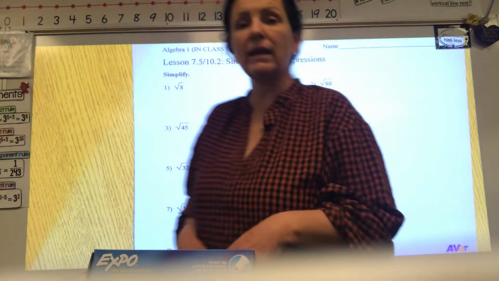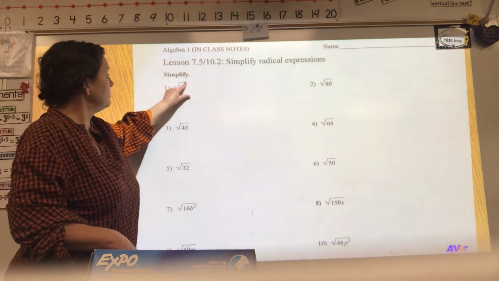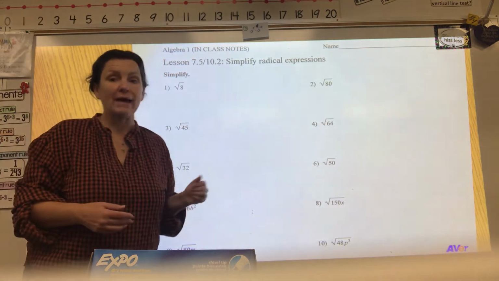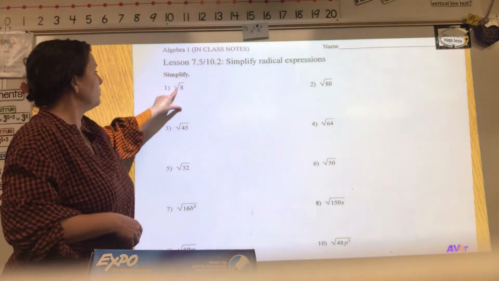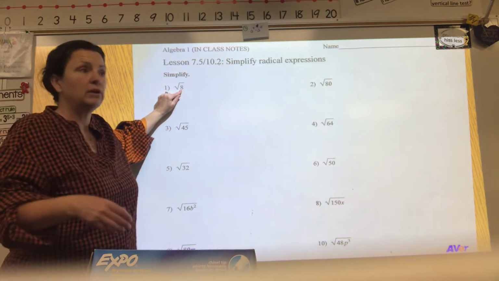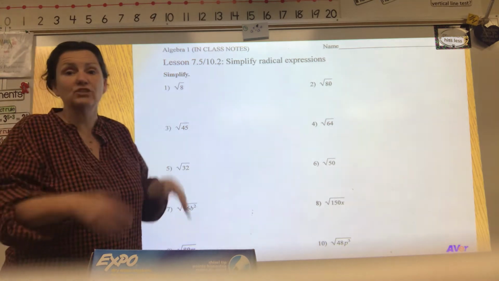So what you're looking at is called a radical. This symbol right here, you might know as a square root. We can also say radical, okay? A radical has something on the inside, some type of expression. It could be numbers, it could be letters, it could be both, a combination.